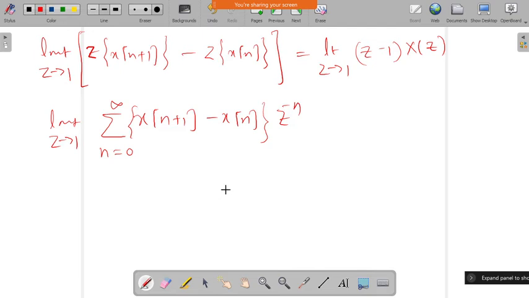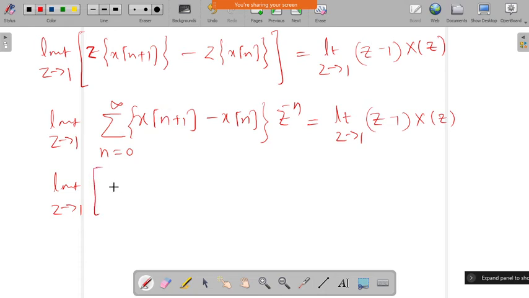Now if I expand this, the right side stays as (z minus 1) X(z). You can put n equal to 0 here and go on putting the values, with the limit z tends to 1.